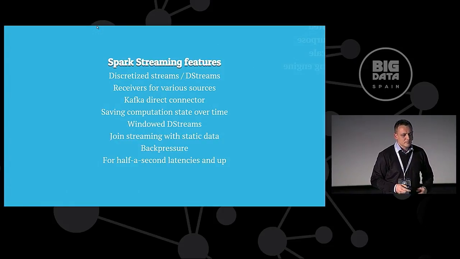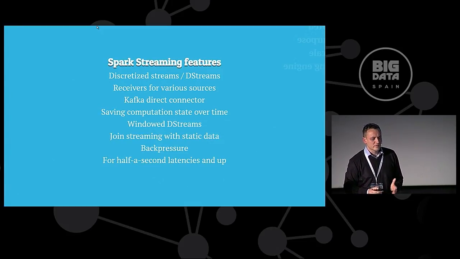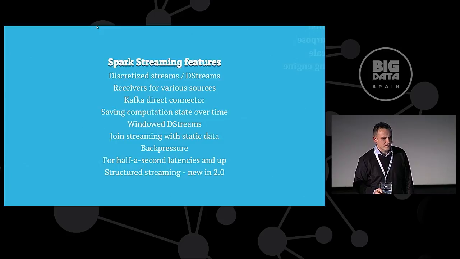And Spark Streaming is for a half-second latency setup. It's not that good for less. In some cases, you can make it return your results in lower time, but mostly it's half a second and up. That's the usual measure, they say.